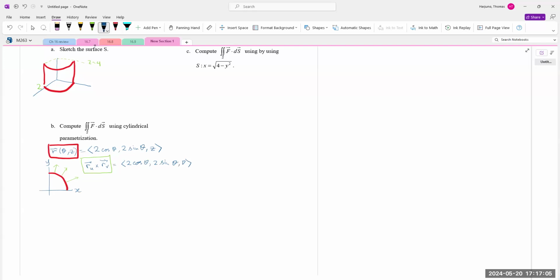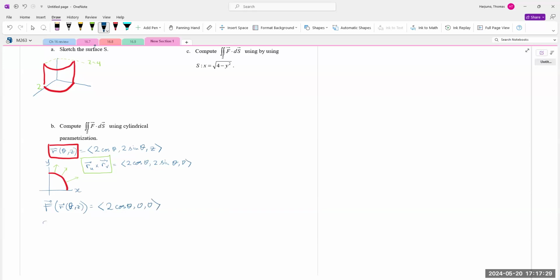Okay, now vector field F, which is x, 0, 0. If we use r(theta, z), that will just be x, 0, 0.